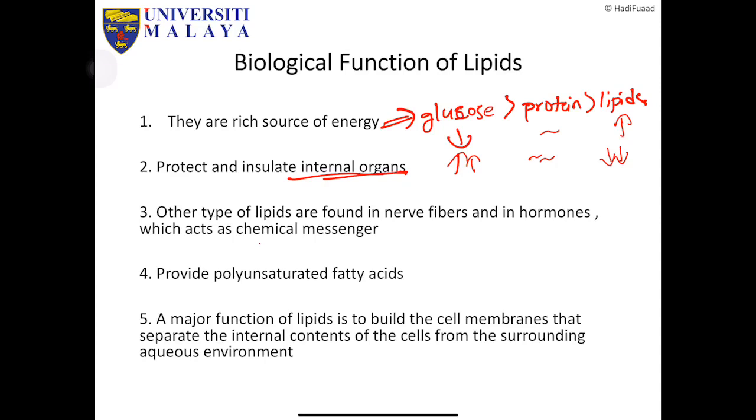Okay, number three, other types of lipids are found in nerve fibers and in hormones, which act as chemical messengers. So nerve fibers: if you look at the structure of lipids, you would say that lipids are actually non-conductive. But surprise, surprise, biology developed a system whereby lipids are used as an insulator to promote electrical conductivity.